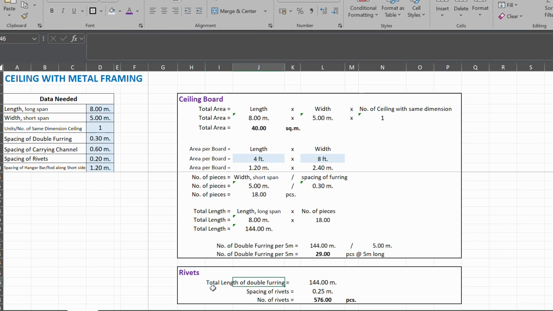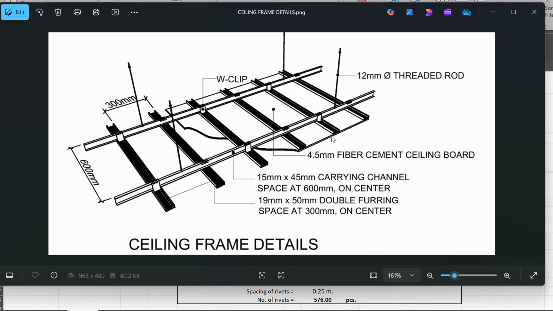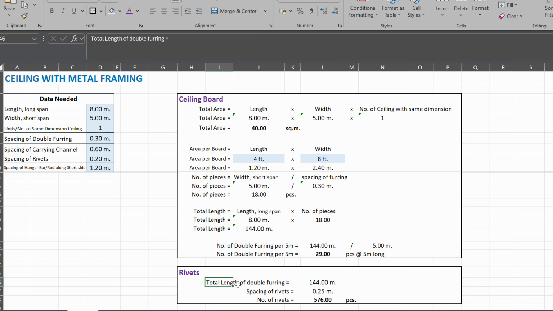In this example, this is the ceiling board and the next is the double furring. The rivets should fasten the ceiling board and the double furring. So the total length of the double furring is 144 meters.